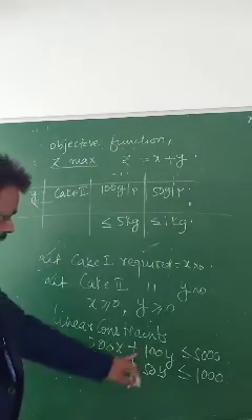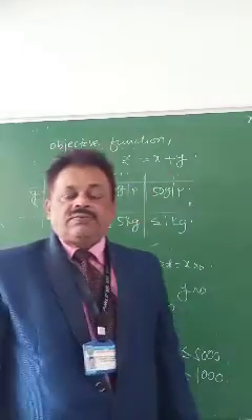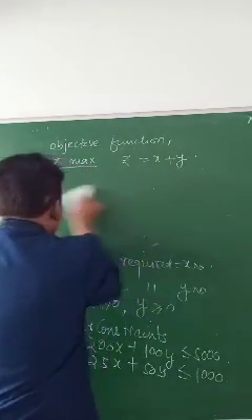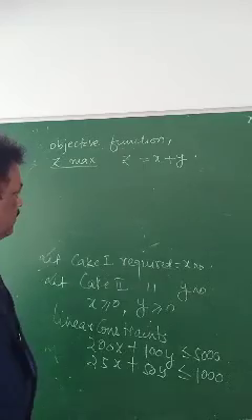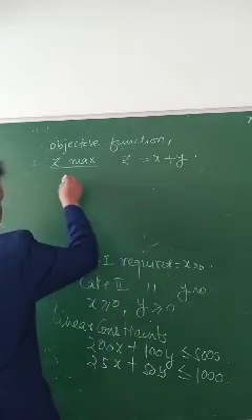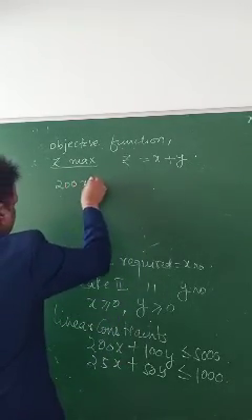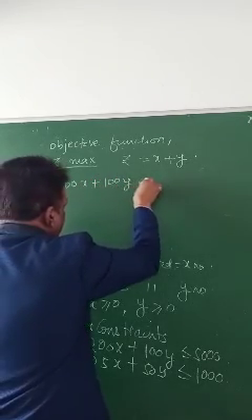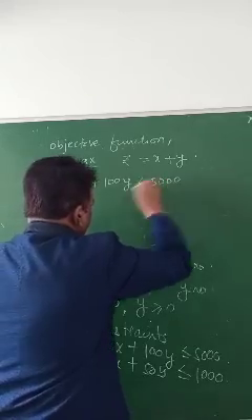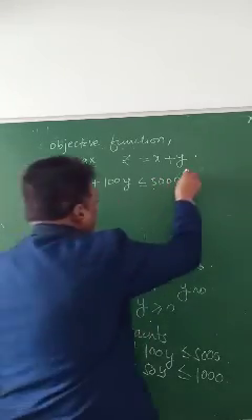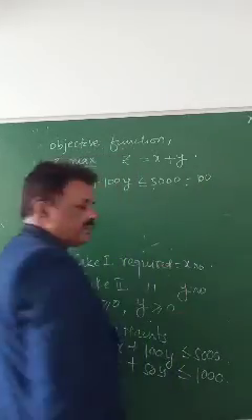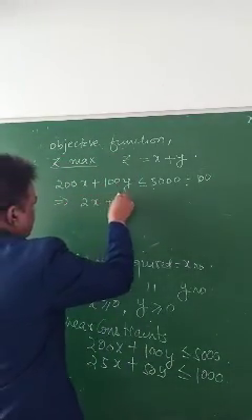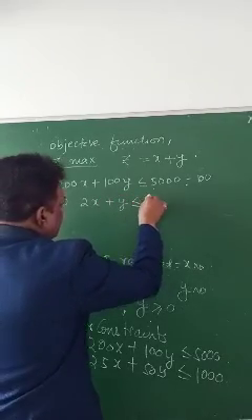Now solve these equations to find the values of x and y. The first equation is 200x plus 100y less than or equal to 5000. Simplify it by dividing by 100: 2x plus y less than or equal to 50.